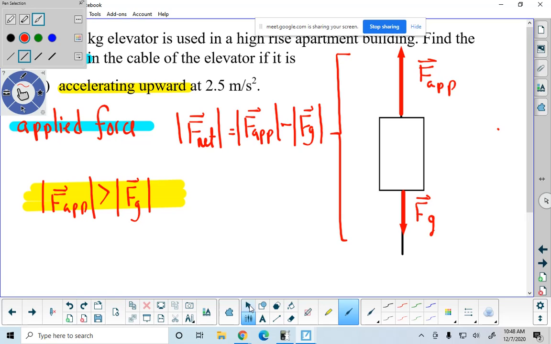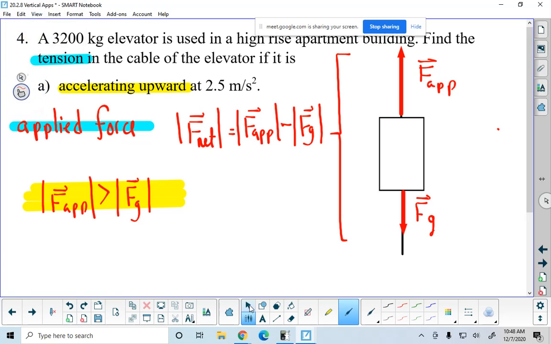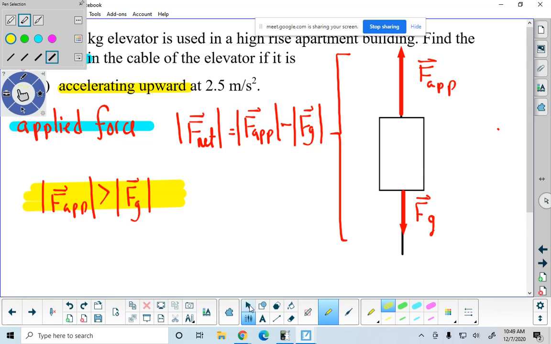Because when you add vectors that are in opposite directions, you take the bigger minus the smaller. So if it's accelerating up, then this is what you can apply.